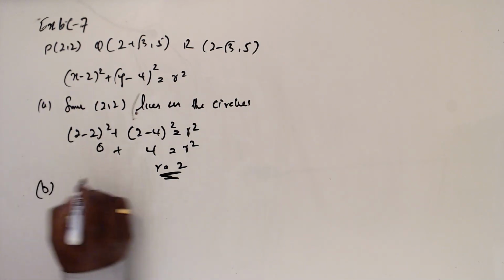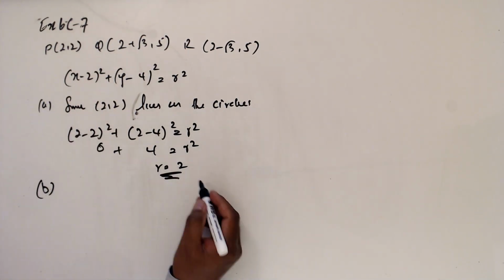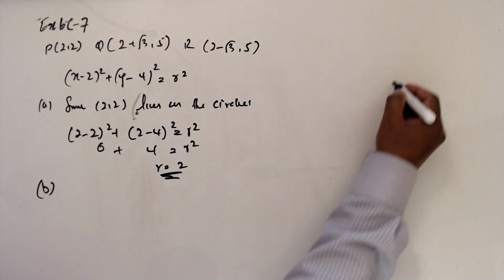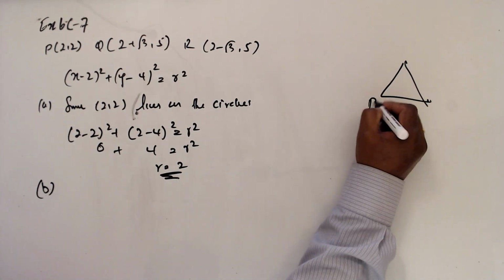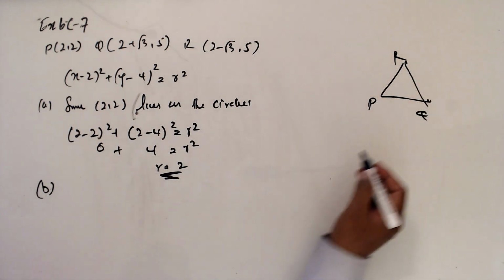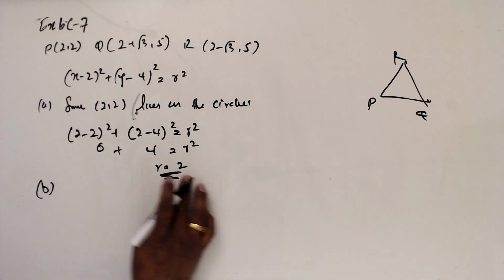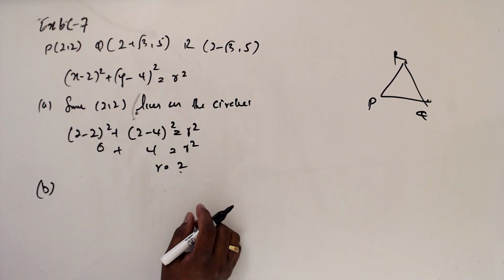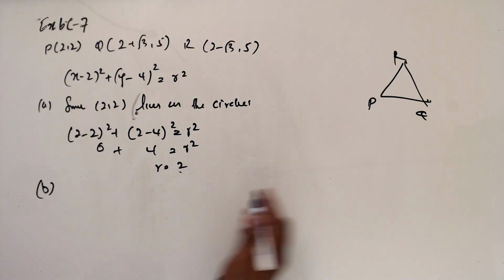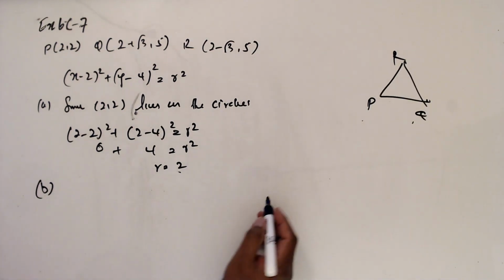Part B, we need to show that triangle PQR is equilateral. So we need to find the distances PQ, QR and RP.